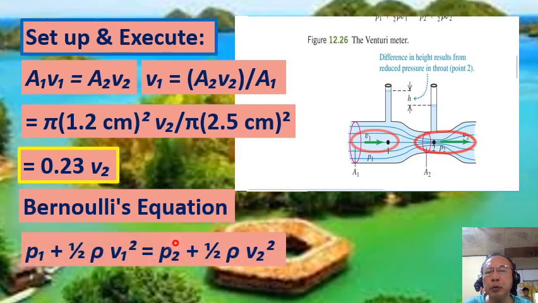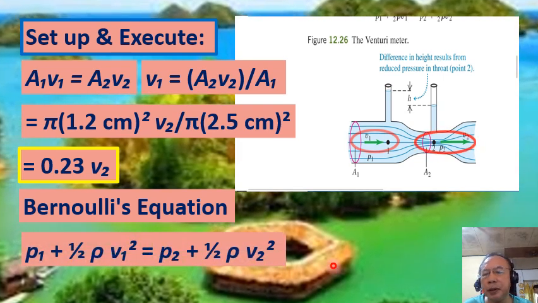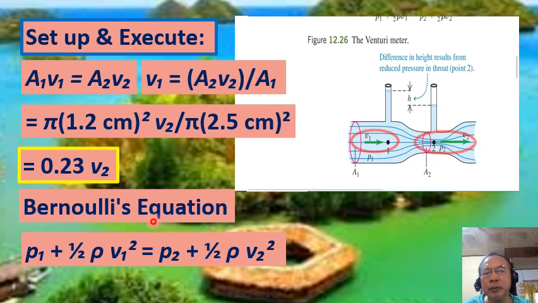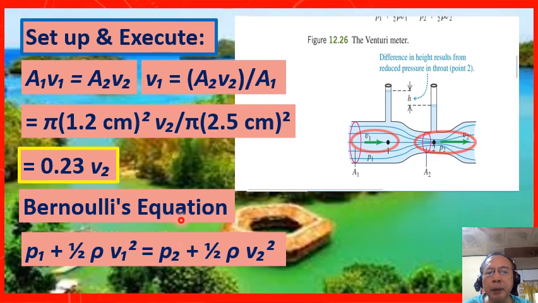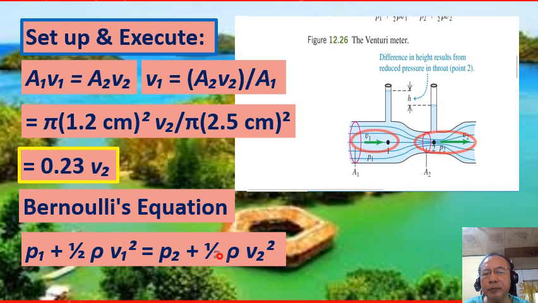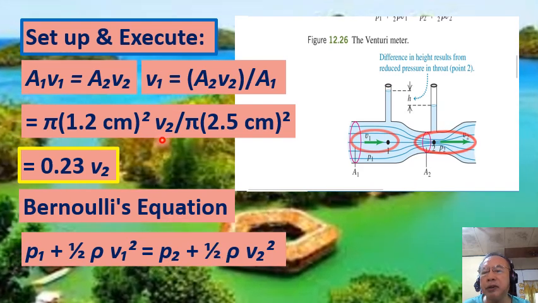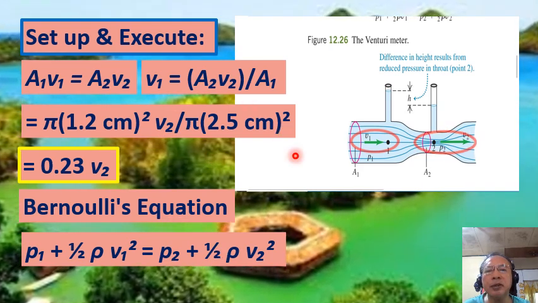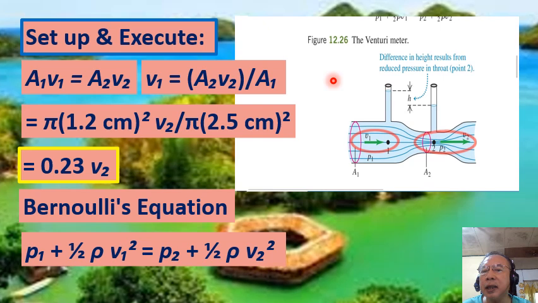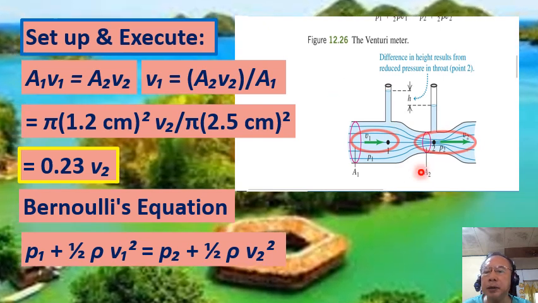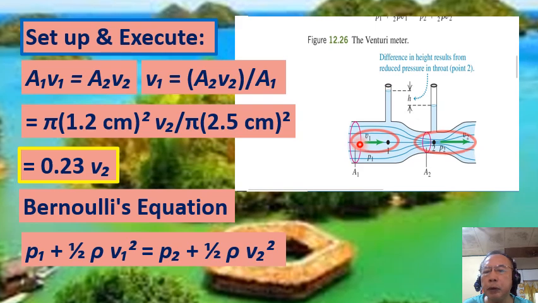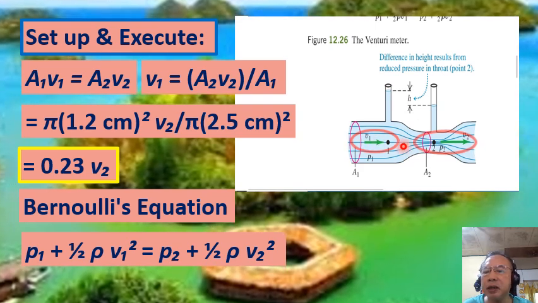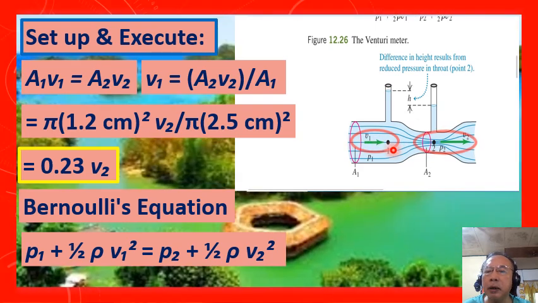And for us to be able to proceed in determining what V sub 2 is, we now apply Bernoulli's equation. So for a horizontal pipe, such as the one we are analyzing, the Venturi meter, we consider the flow of the water to be just along the horizontal, all right?